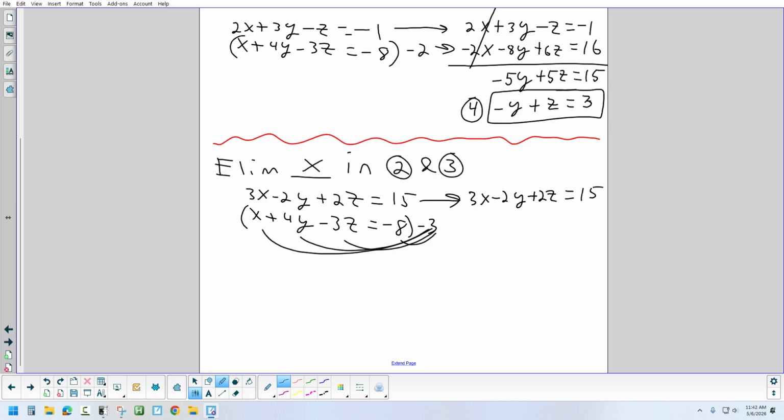And Elise, when I multiply that out in the bottom, can you tell me what I will get? -3x minus 12y plus 9z equals 24. Add up our columns. Alex, what do we get when we add them up?